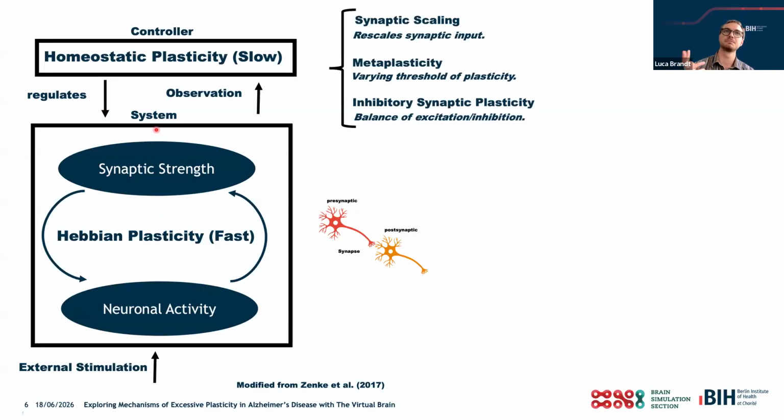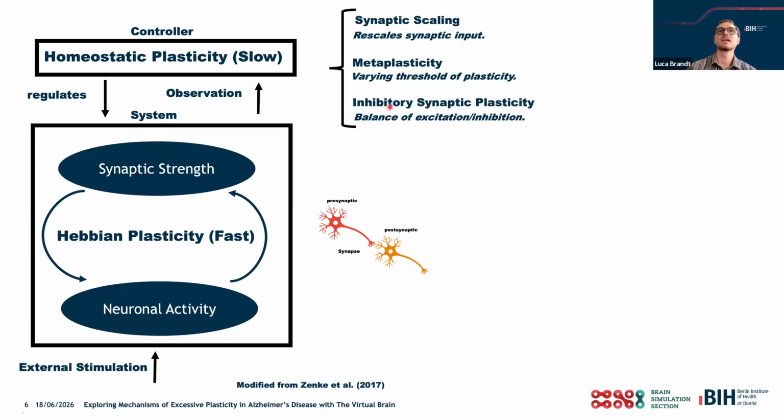There are many forms of homeostatic plasticity, but just to give some examples, synaptic scaling would be that some neural populations have a target firing rate, and the synaptic input is scaled towards the target firing rate. So if it's too high, then it's scaled down, or if it's too low, then it's scaled up.